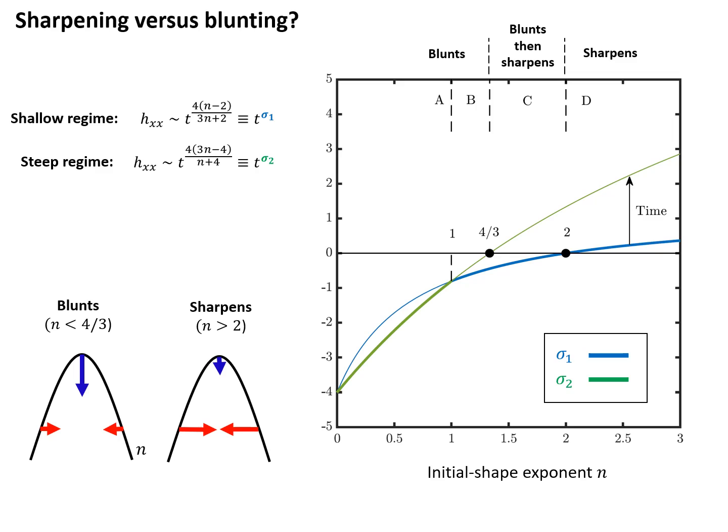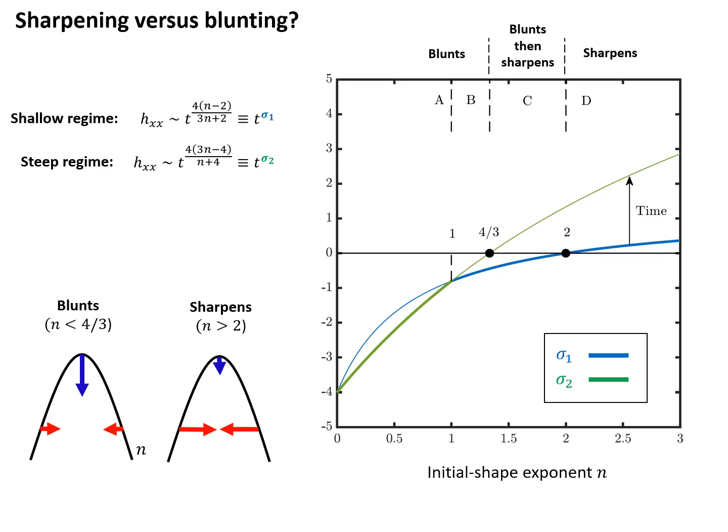On the right here, I've plotted the tip sharpening exponent predicted by these two theories. Blue shows the shallow case and green shows the steep case. If this exponent is less than 0, then that regime will predict blunting, and if it's greater than 0, then it predicts sharpening.